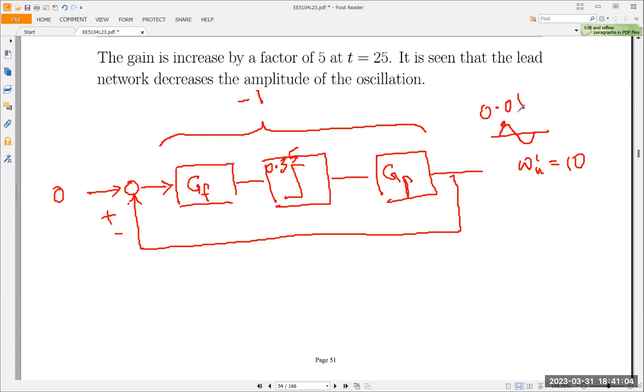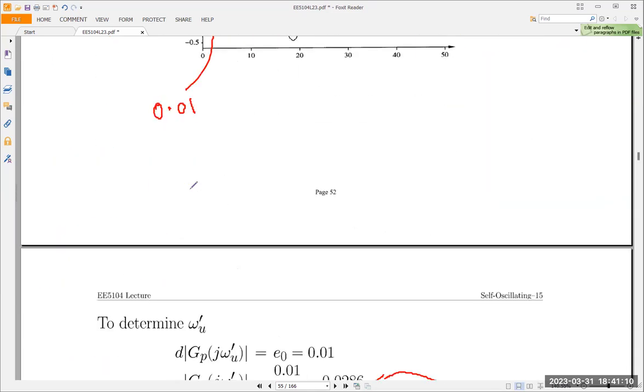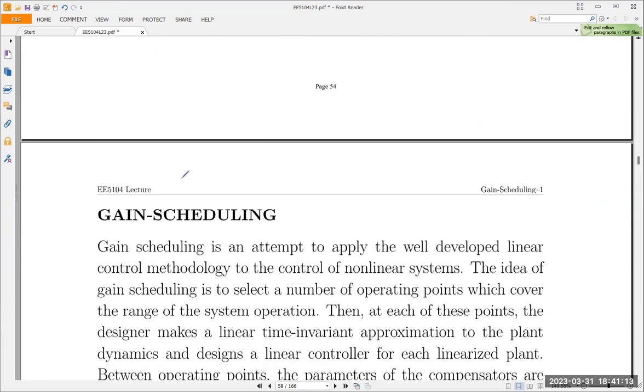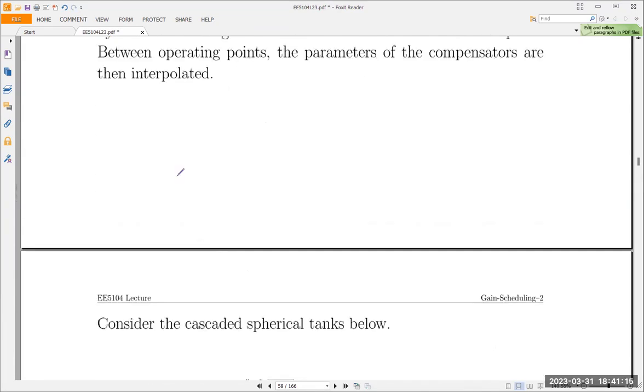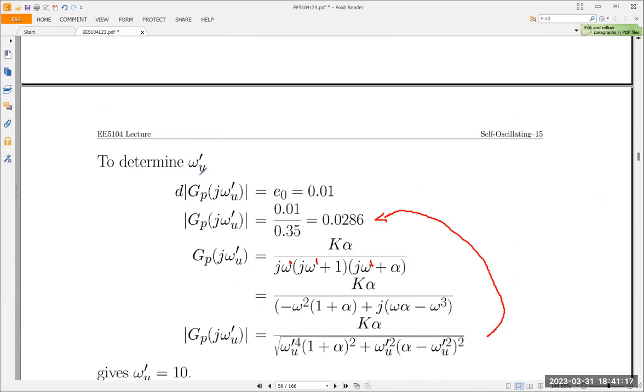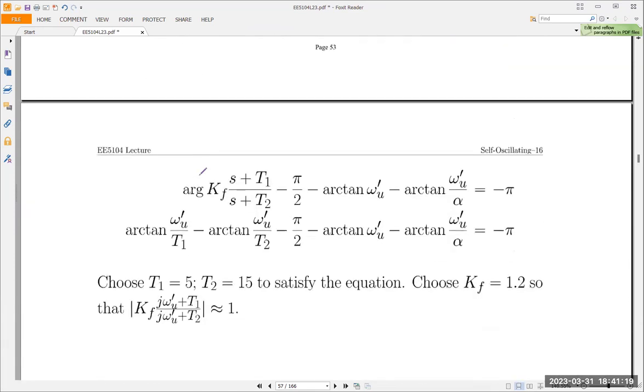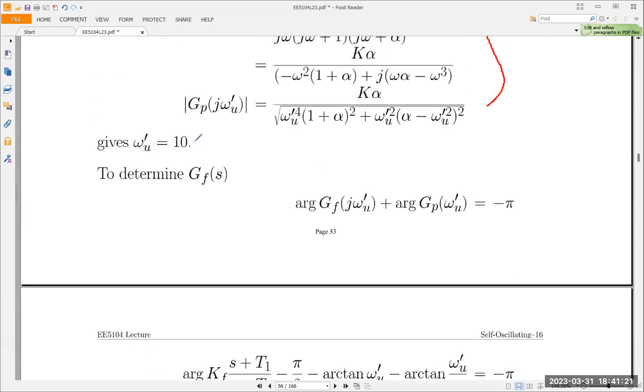Okay, so lead compensator, we write down the transfer function. It is given like that. I cannot teach lead compensator anymore, but we'll just go through it. Where is the lead compensator?